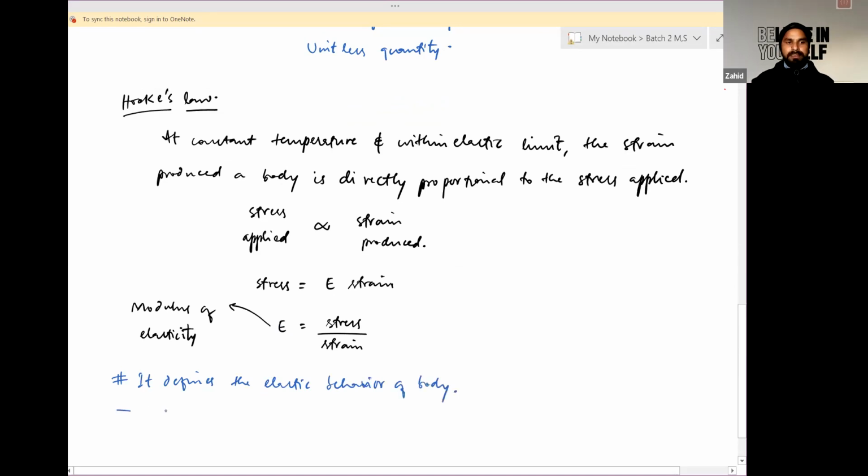Next, it depends upon nature of material and temperature, but it will be independent of dimension.